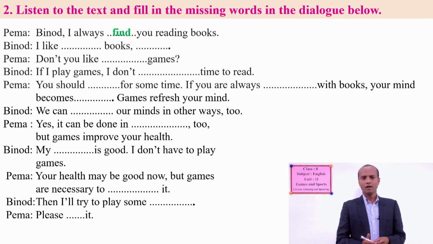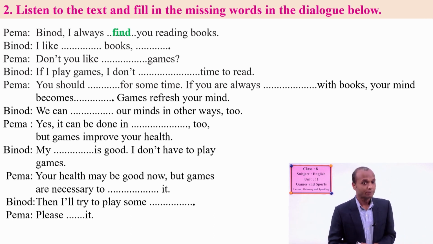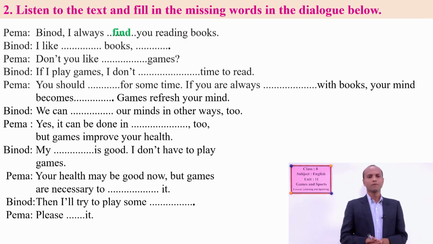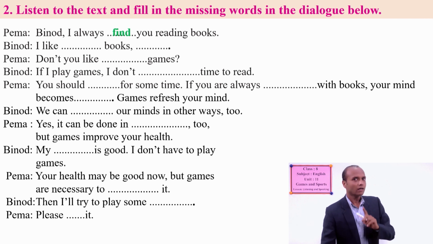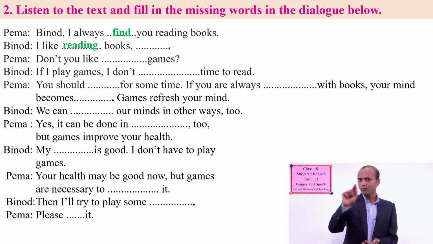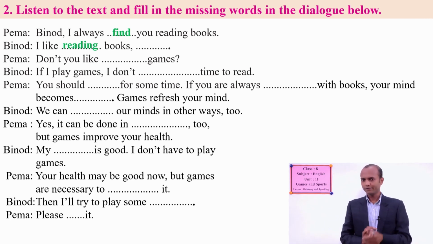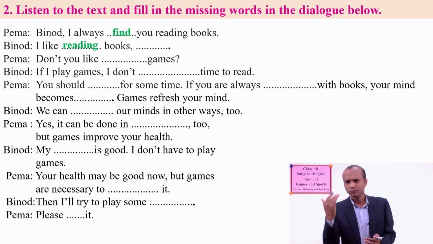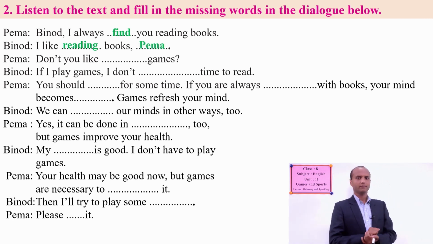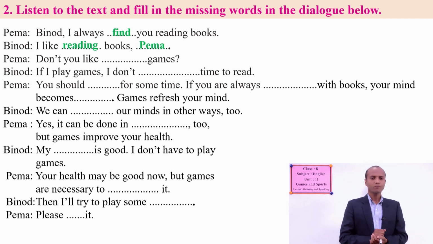Okay. Then what does Binod reply? Okay. Binod says, definitely I like reading books. Then what is that, let's say, there after books? Can we repeat it once? Yes. Pema. Okay.